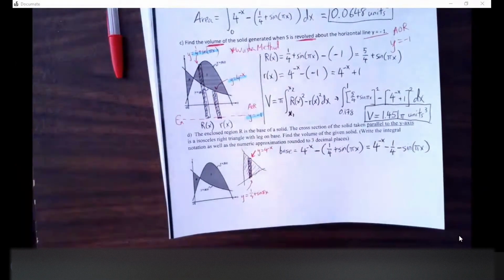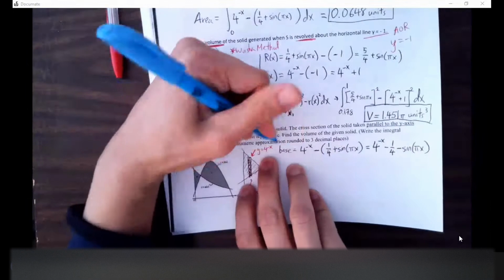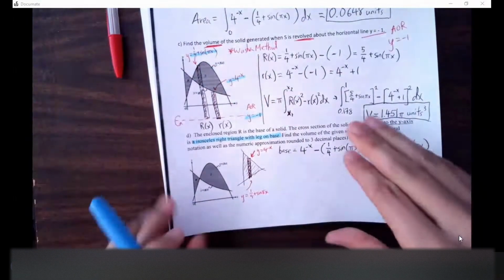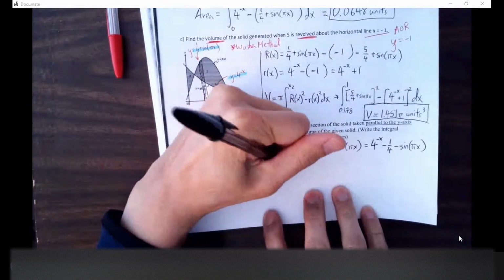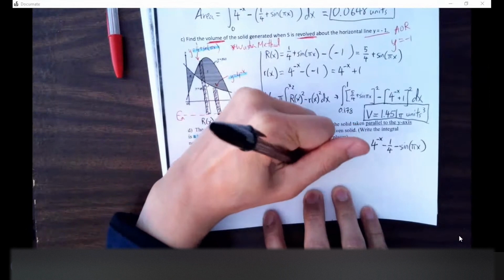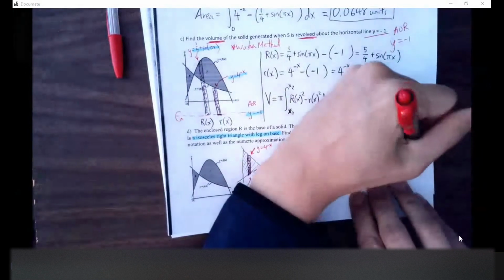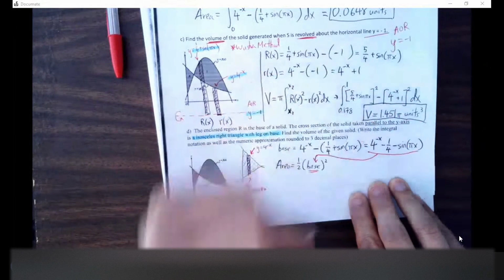All right, next up, what shape are we putting on top of this shaded region? The description says isosceles right triangle with leg on the base. All right, so let's look here. Isosceles right triangle with leg on the base. That's just right here, right? 1/2 base squared. All right, we have our specific base expression, so we'll take our base length and insert it into this space here.